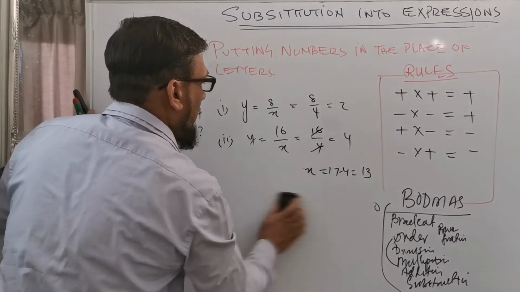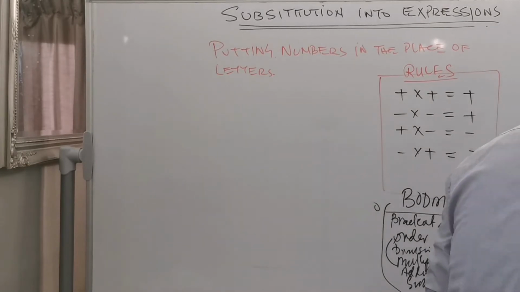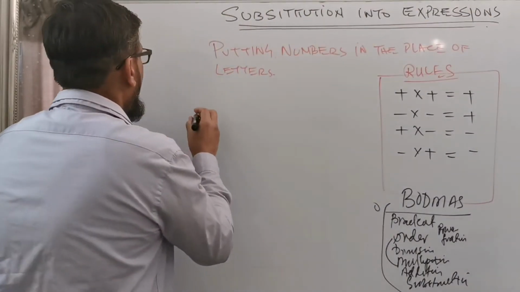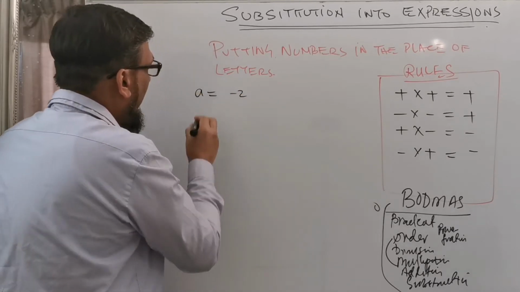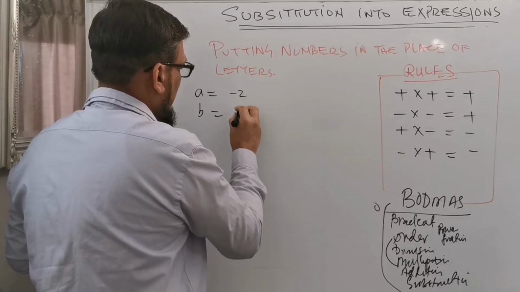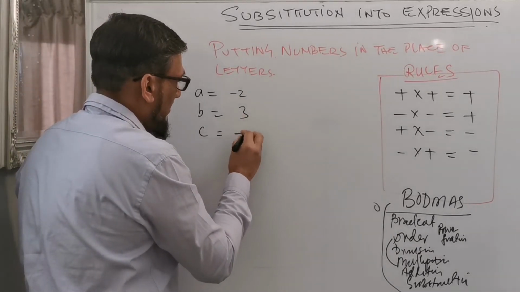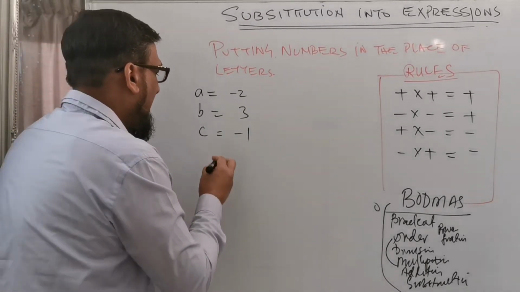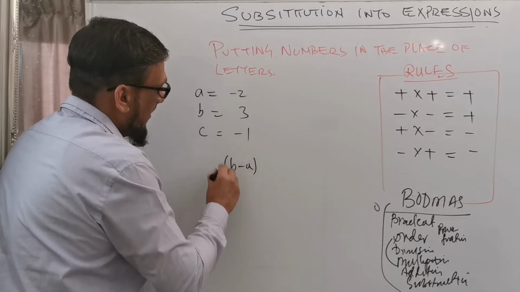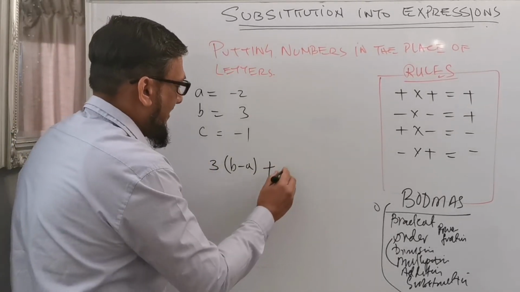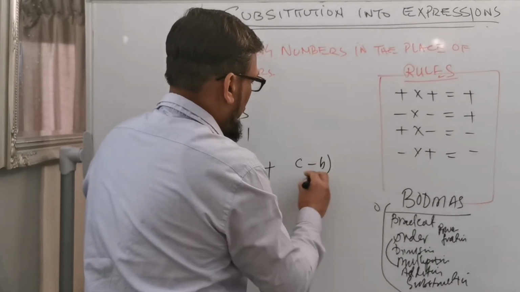The value of a is given as minus 2, the value of b is given as 3, and the value of c is given as minus 1. The question says b minus a, c minus b.